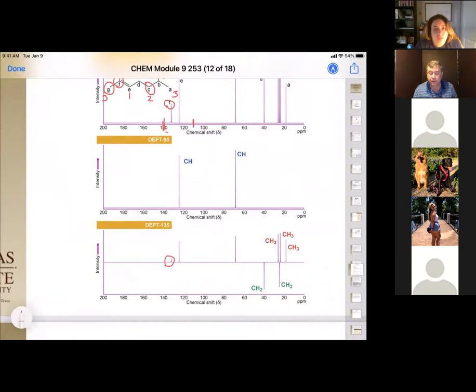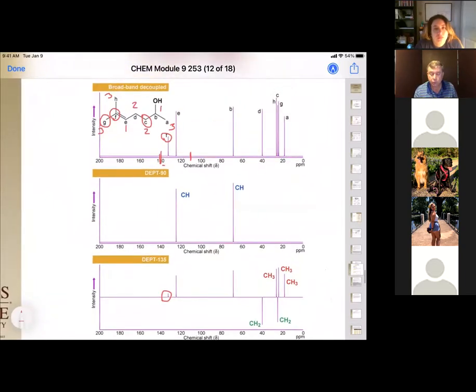We have 2 carbons with 1 hydrogen on them. We have 3 carbons with 3 on them. So in theory, we should have a total of 1, 2, 3 for the methyl groups, 4, 5 for the ones with just 1 hydrogen on it facing up. And then we have 1, 2 carbons that should face down because only 2 carbons have 2 hydrogens on it.